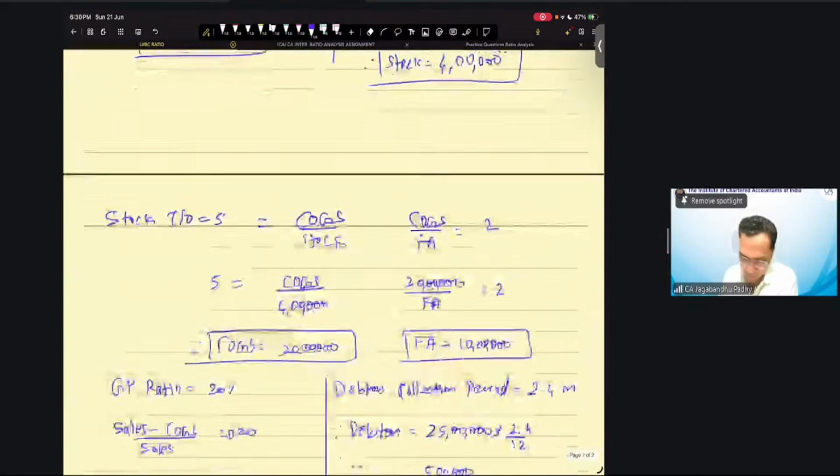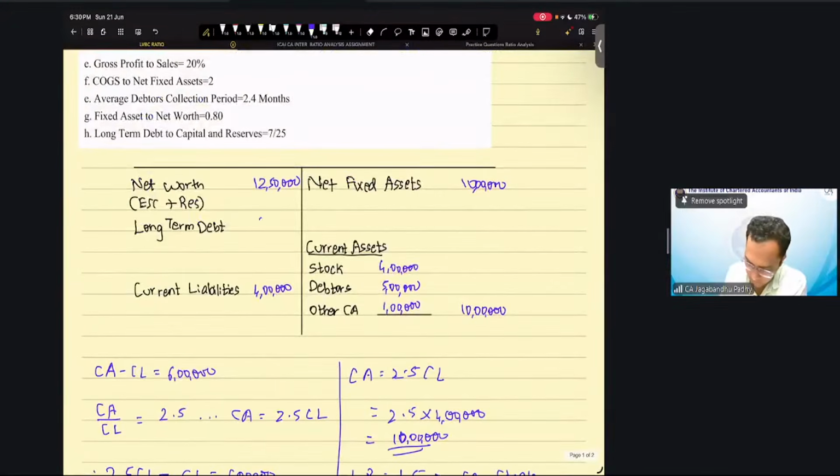So long-term debt is 3 lakh 50,000. So the balance sheet tallies at 20 lakhs. Correct, everyone? Did we get this? The balance sheet tallies at 20 lakhs, right?